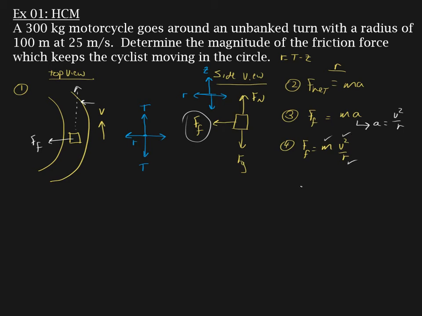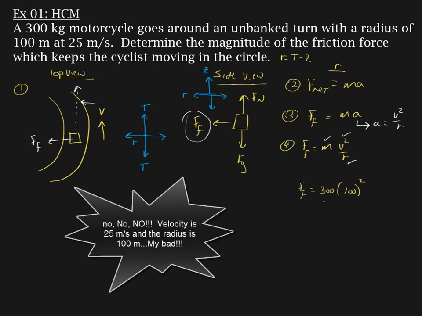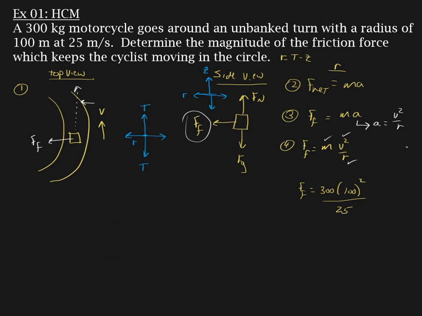So the friction force is just going to be the mass, which is 300, times the velocity, which is 100, and that's going to be squared, and that's all going to be divided by 25. So you can finish solving this out for a final number if you wish.